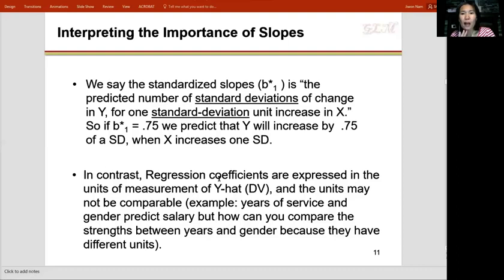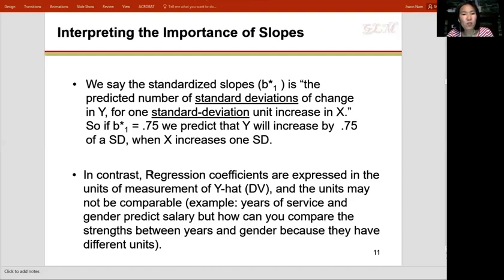We predict that y will increase by 0.75 of a standard deviation when x increases 1 SD. How do you know it's an increase? Because the sign is positive. If B1 star is minus 0.75, you have to say that y will decrease by 0.75 of a standard deviation when x increases 1 SD.